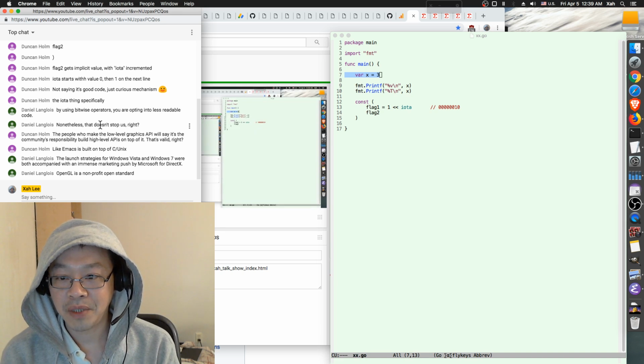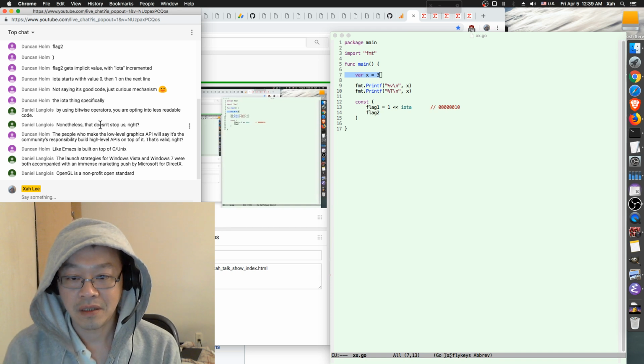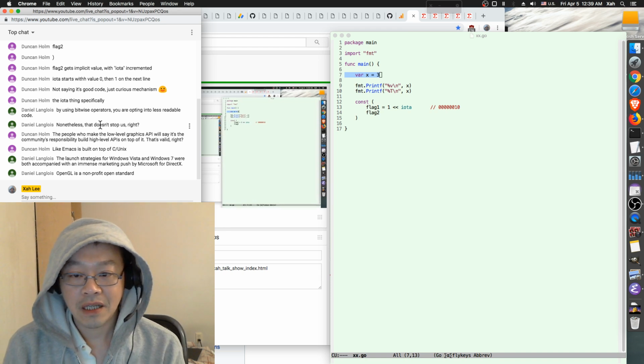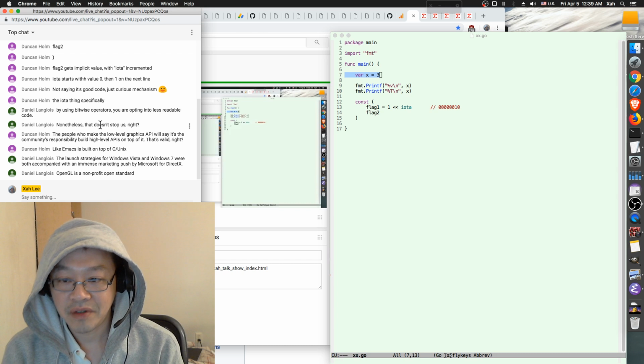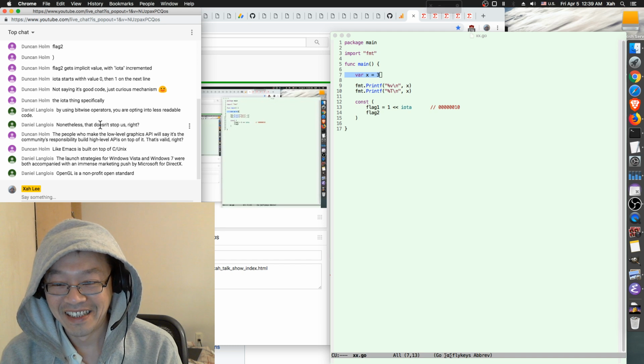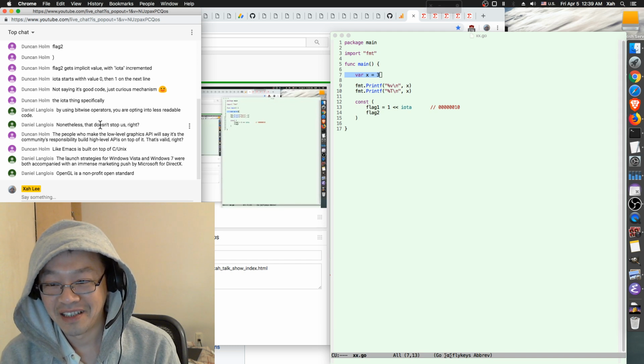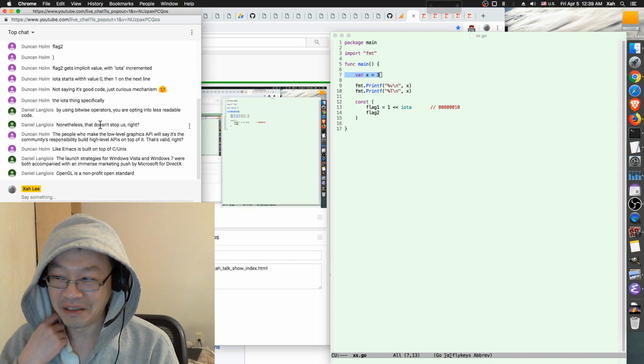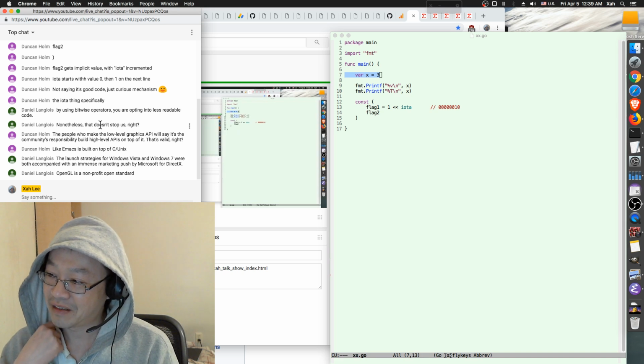What do you mean? Like people still want to use it? Okay, Duncan says the people who make the low-level graphics API will say it's the community's responsibility to build a high-level API on top of it. That's valid. Yeah, but that never happens. I mean, is that valid?